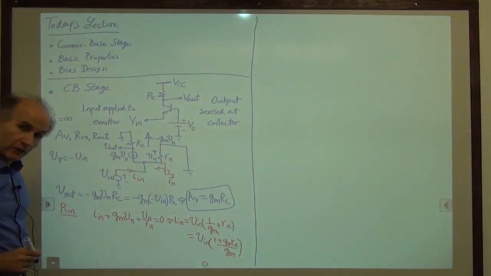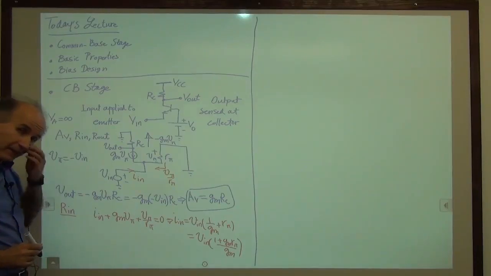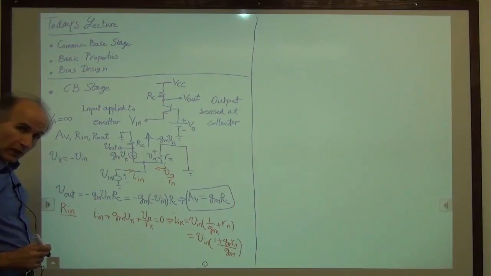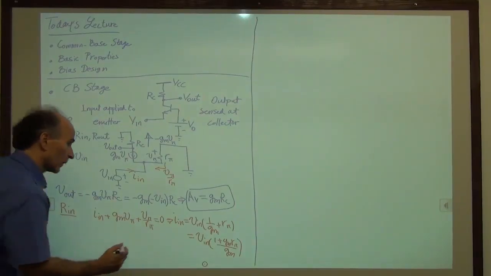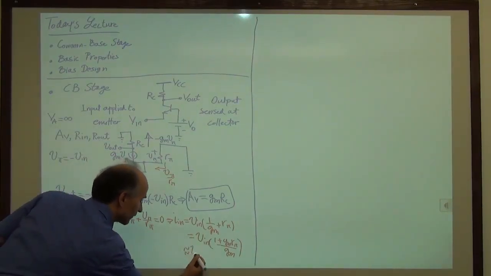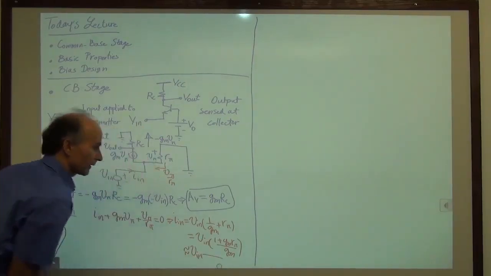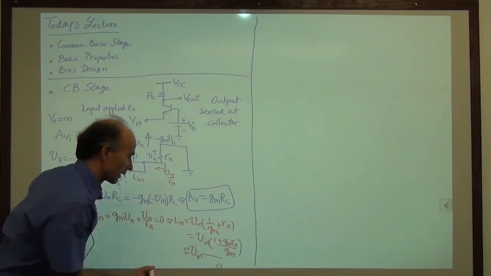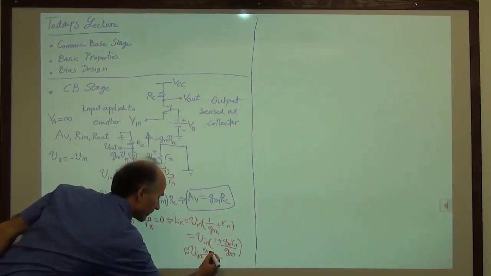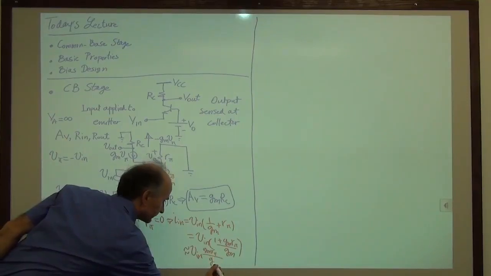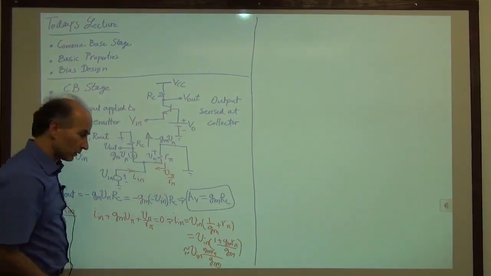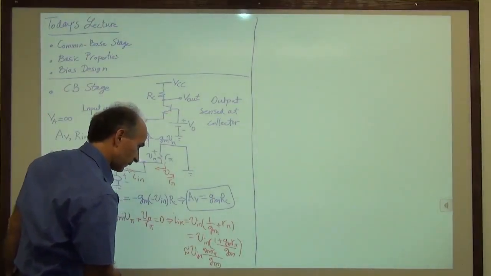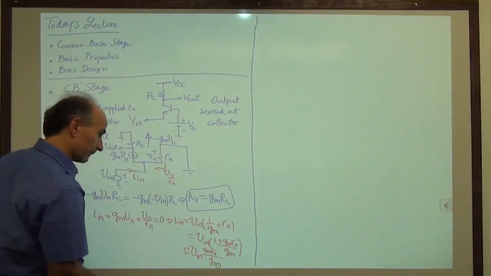Okay, so that says that I can also write this as V in times 1 plus gm r pi divided by gm, right? And how much is gm r pi? gm r pi is beta. And beta is much greater than 1. So I can write this as approximately equal to V in times gm r pi over gm. So that means that, let's see, did I make a mistake here?